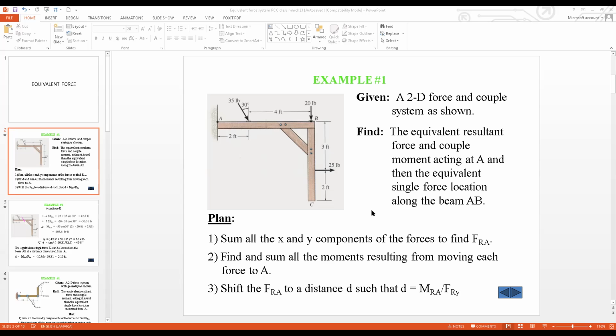Now the final part is where you're going to shift the resultant force to a distance D such that D is equals to the total moment, resultant moment divided by the component of the force in the y direction.